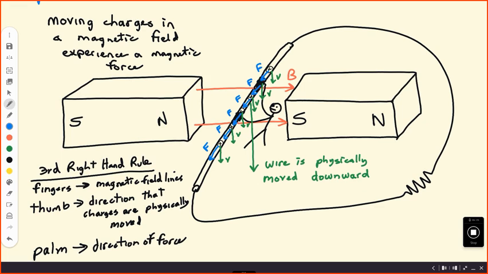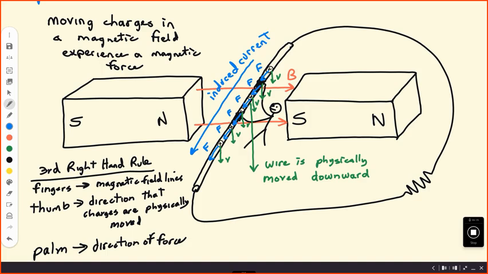Now the interesting thing is, once we establish that all those charges inside the wire are going to experience a force out of the page, that magnetic force is going to push all those charges in that direction. So they all start to flow in that direction, and you get a new induced current flowing that way.